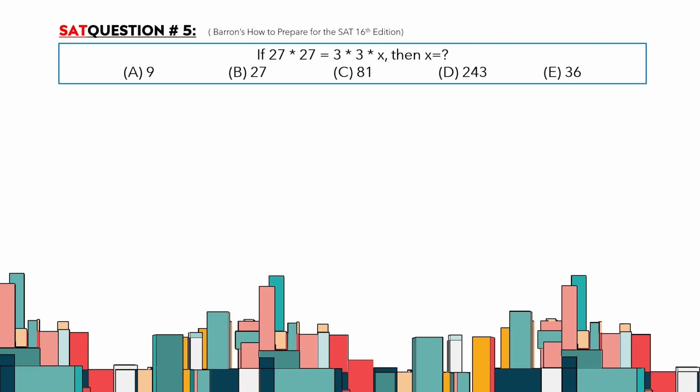Now we know that 27 is 3 times 9. So I can rewrite 27 times 27 equal 3 times 3 times x.